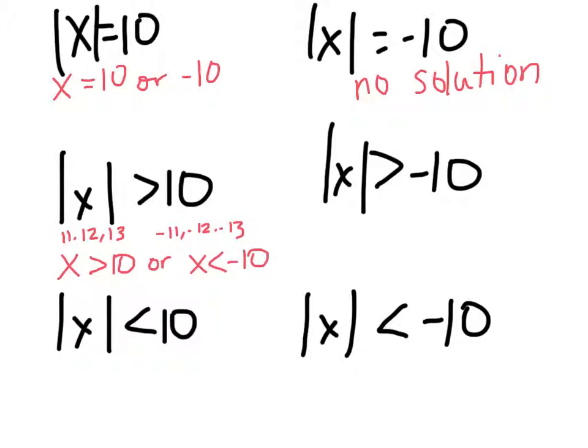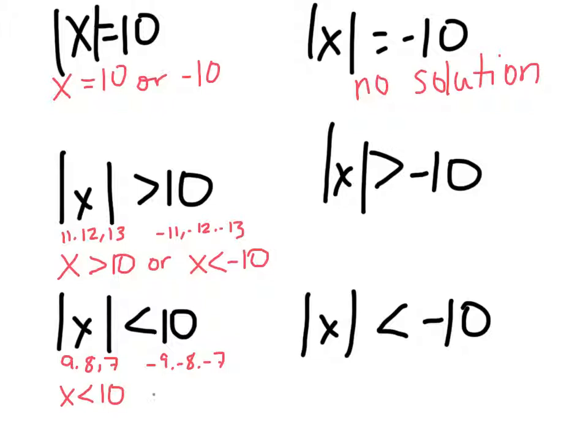All right, let's look at the one below that, where the absolute value of x is less than 10. So this tells me that x could be things like 9, 8, 7, but it could also be negative 9, negative 8, negative 7. So x can be less than 10, but it can't be just anything less than 10, because it's going to go 9, 8, 7, 6, 5, 4, 3, 2, 1, 0, negative 1, negative 2, but then it's going to keep going smaller, and eventually those things are not going to be true.